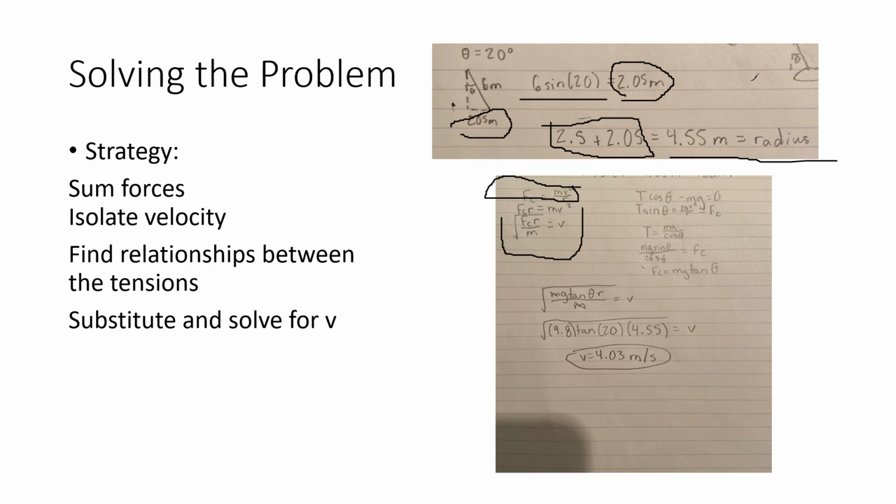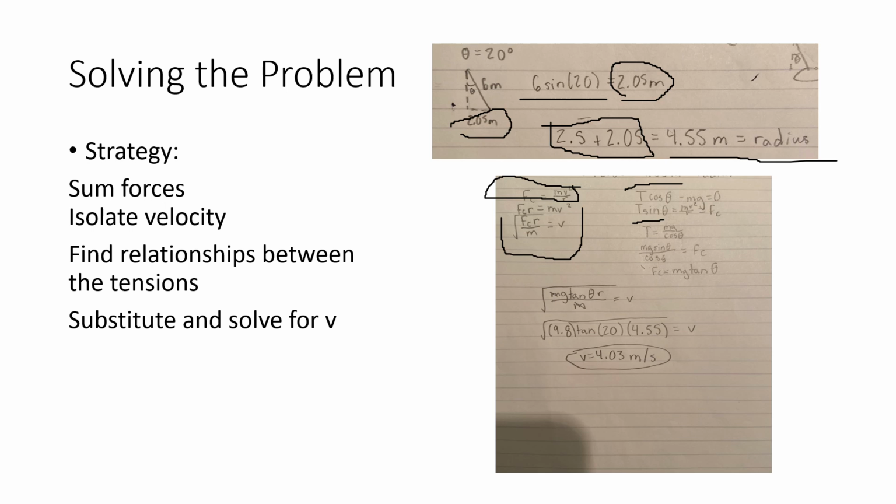Doing a little bit of algebra, we can solve for the tension value. Right here we have T cos theta minus mg equals 0, because we know that the net vertical force is 0. And then we get the relationship T equals mg over cos theta.